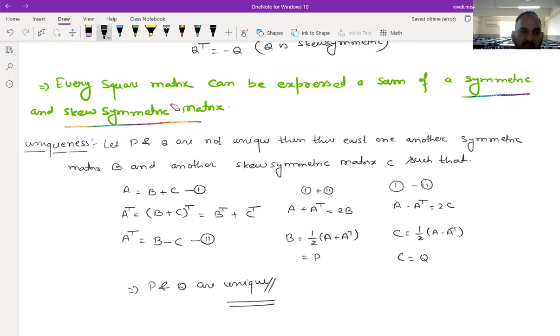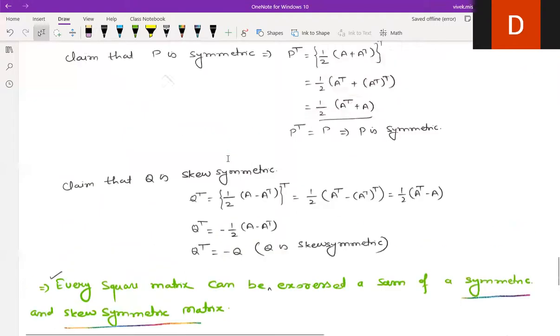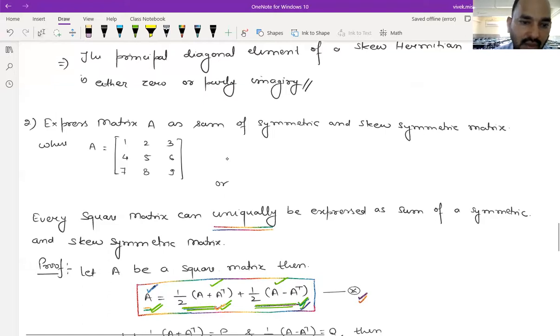So the word we used here is that every square matrix can be uniquely expressed as the sum of a symmetric and a skew symmetric matrix. Is that clear? Yes, sir. Okay. Now let's come to this question.